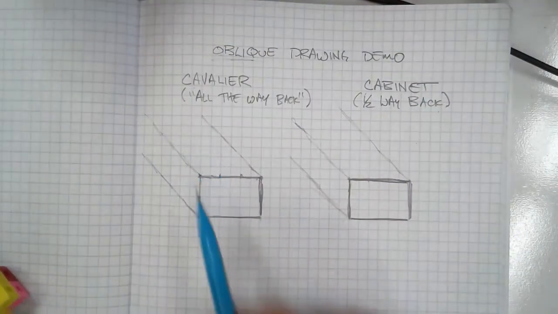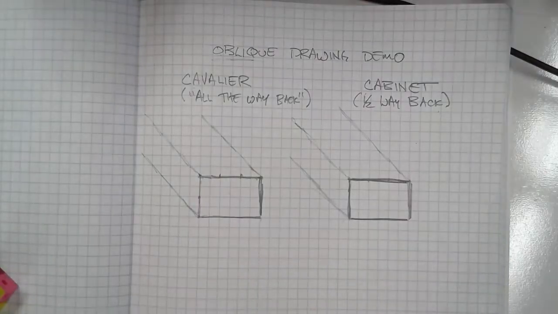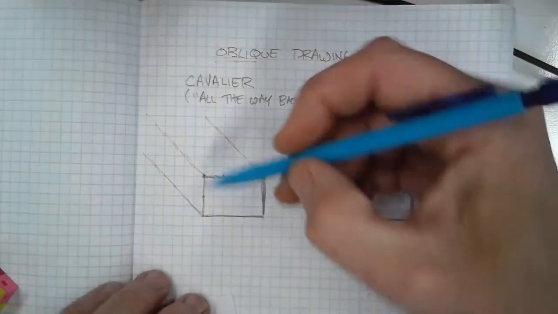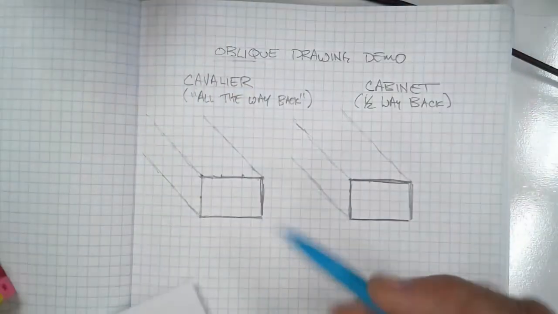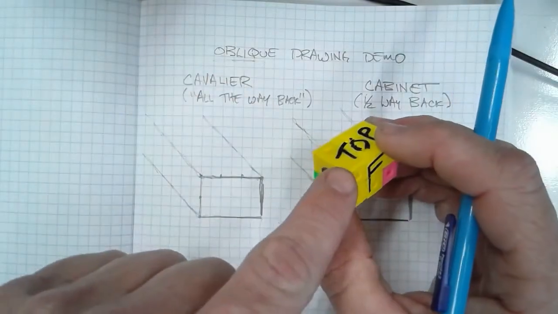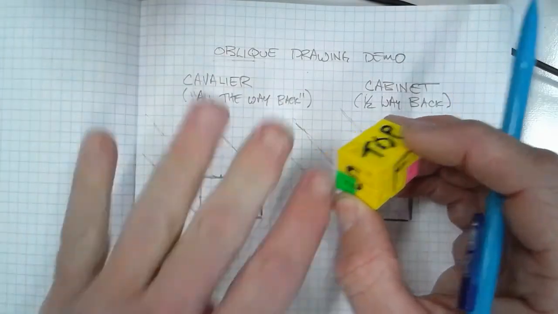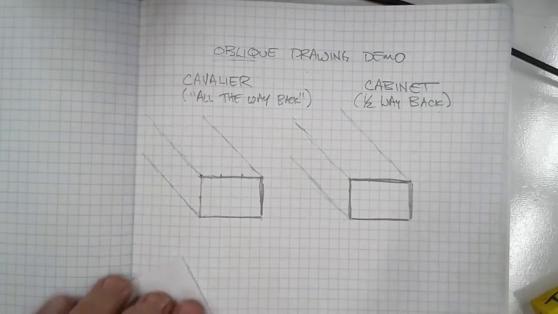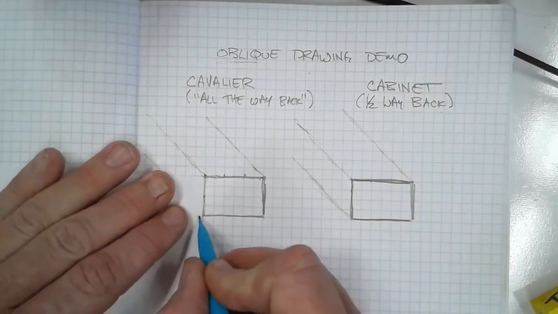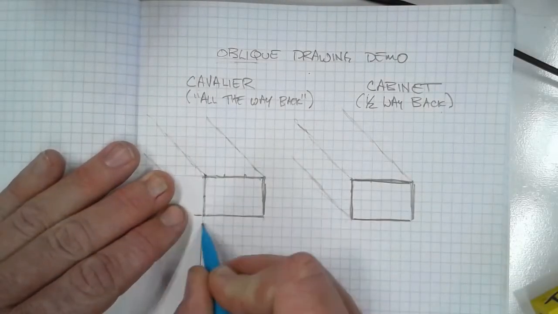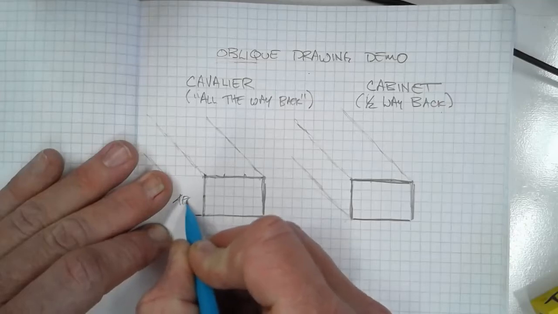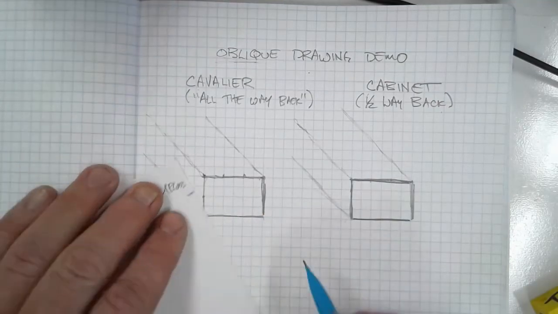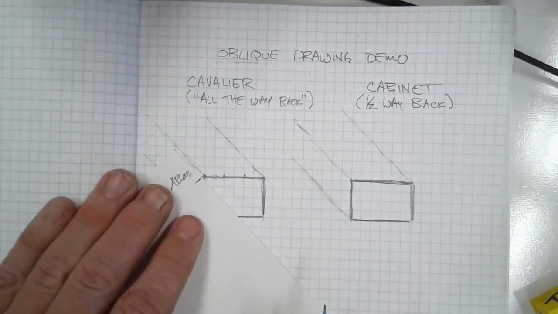Now, for cavalier, we go all the way back. What that means is the following. We are about to go back 2 of these cubes, which is 4 blocks on our paper. So let's mark off how long that is. 4 blocks on our paper is this long. So in cavalier, that's how far back we go.